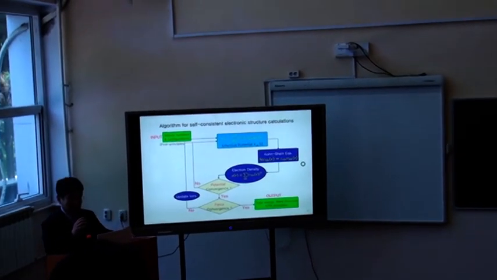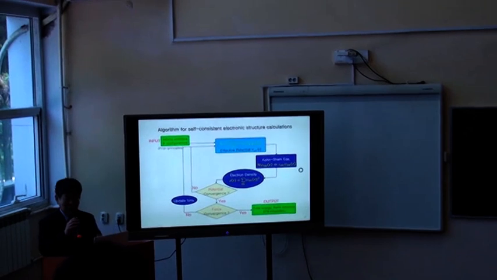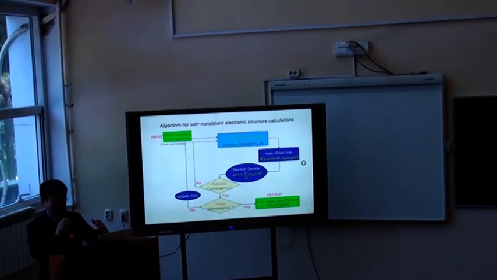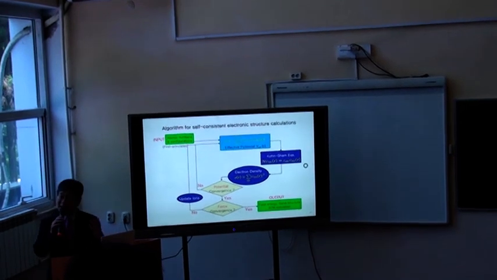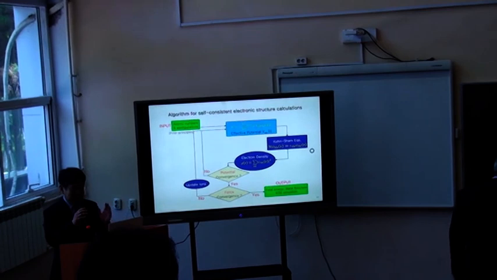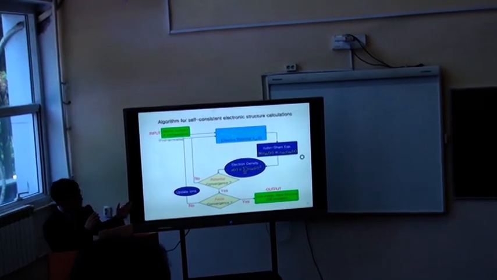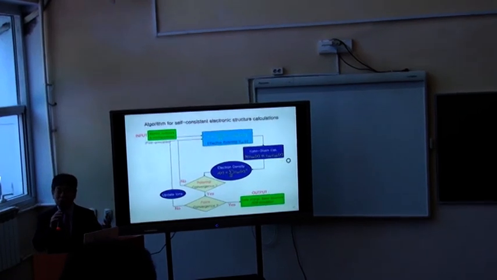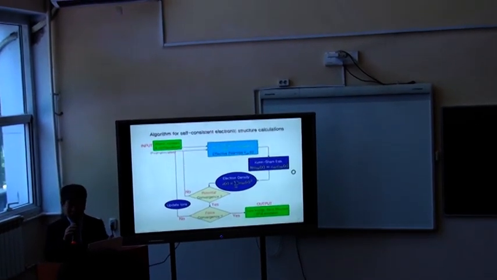We go to the next step to find the force between the ions. And if the criteria are satisfied within some numbers, we can get the output like total energy, band structure, and even STM simulation.